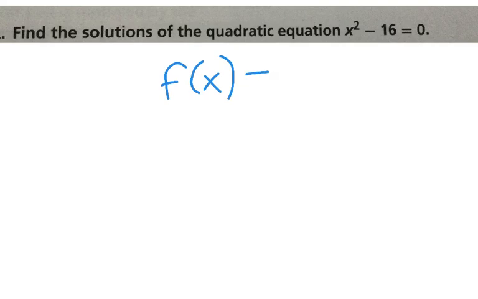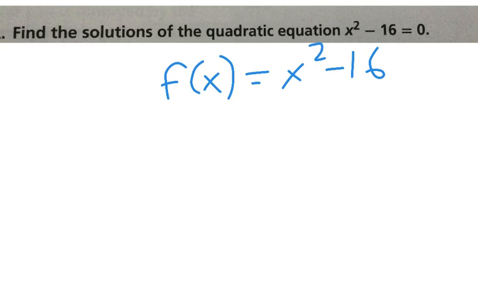If I had f of x equal to x squared minus 16, what does f of x represent? It's y. Y equals x squared minus 16.